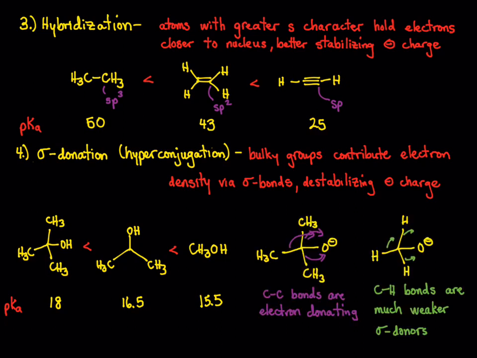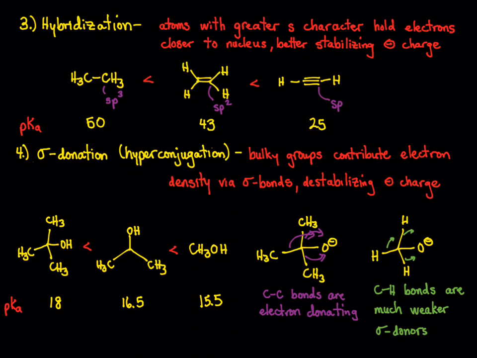This can be explained by comparing the conjugate base of methanol, methoxide anion, to that of the tert-butanol, tert-butoxide anion. In order for the proton to be very acidic, the negative charge must be stabilized. In the case of tert-butanol, the sigma carbon-carbon bonds are more donating to the existing negative charge.